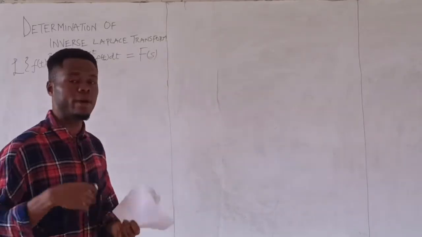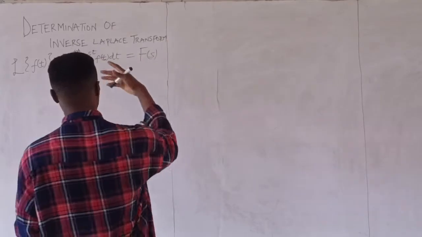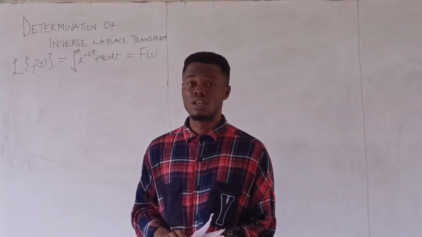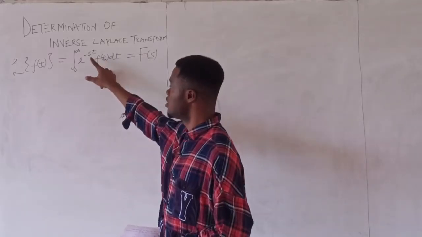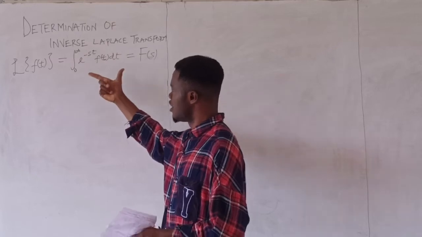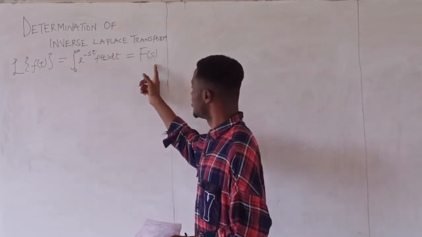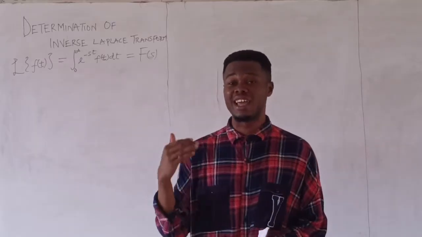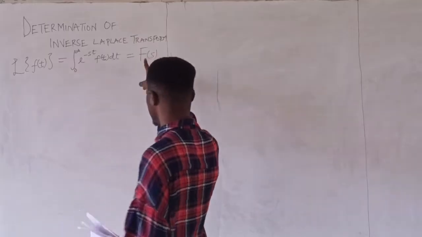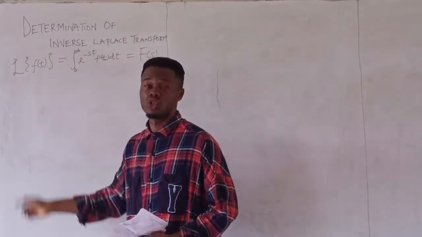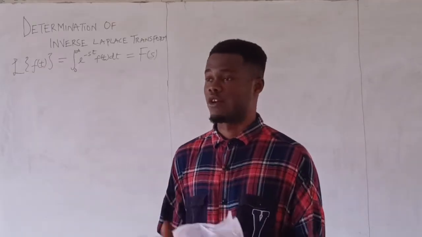So remember from what I said earlier on that the definition of this Laplace of f of t is to enable us convert functions from t to s. So if you successfully convert those functions from t to s, the answer you're going to have will be f of s. So today we are going to convert f of s back to f of t. That is what we mean by the inverse of the Laplace transform.